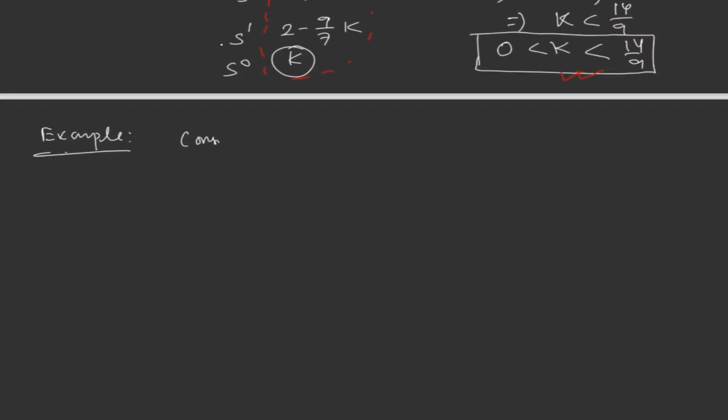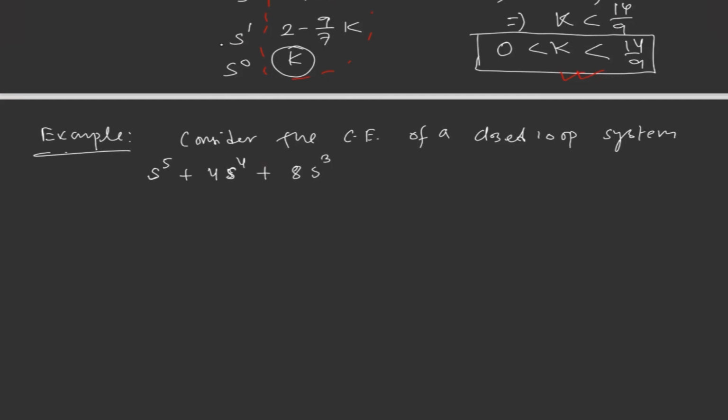Consider the following characteristic equation of a closed loop system: s to the 5 plus 4 s to the 4 plus 8 s to the cube plus 8 s square plus 7s plus 4 equal to 0.